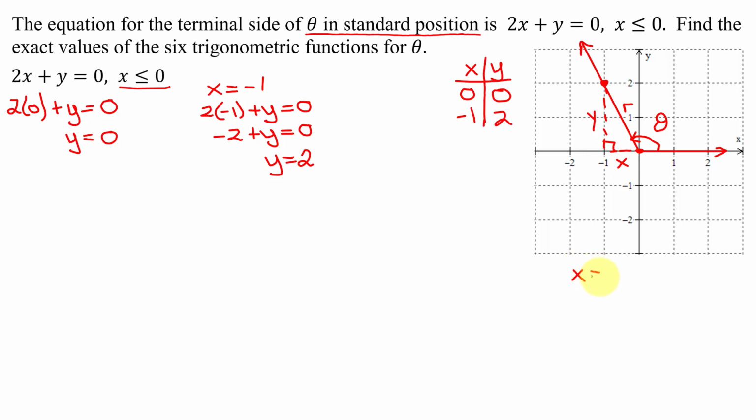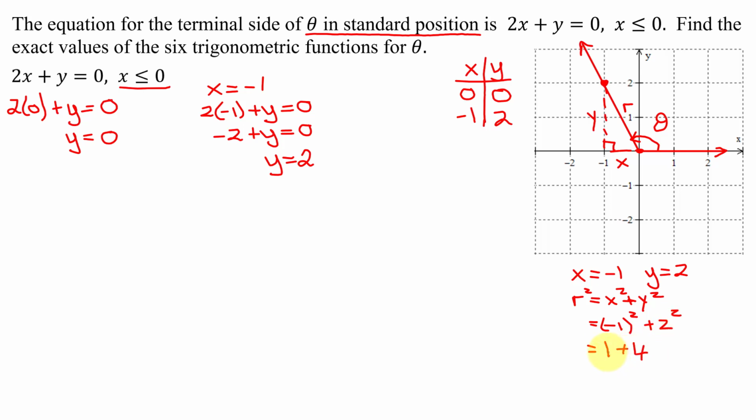For this point, x is -1, y equals 2. And using the Pythagorean theorem to find r, I have r squared equals x squared plus y squared. X was -1, so that's -1 all squared, plus y is 2, 2 squared. -1 all squared is +1, plus 2 squared is 4.